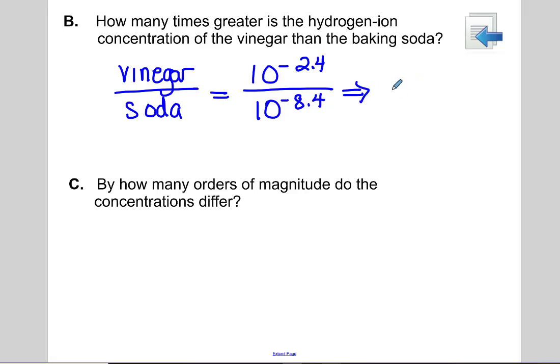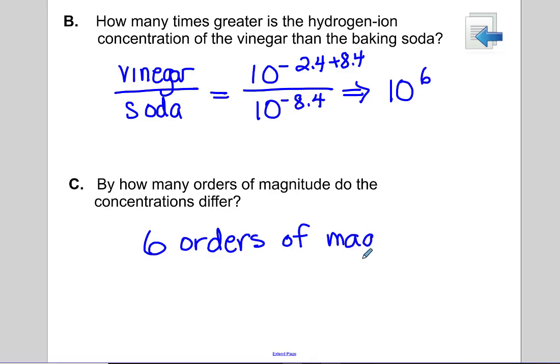So this looks like 10 to the 6th power because we're subtracting exponents, and minus a negative 8.4 gives us a power of 6. So it's 6 orders of magnitude difference between the two of them.